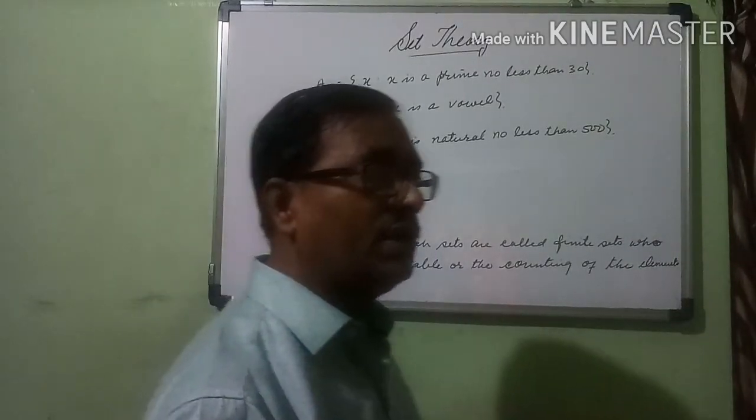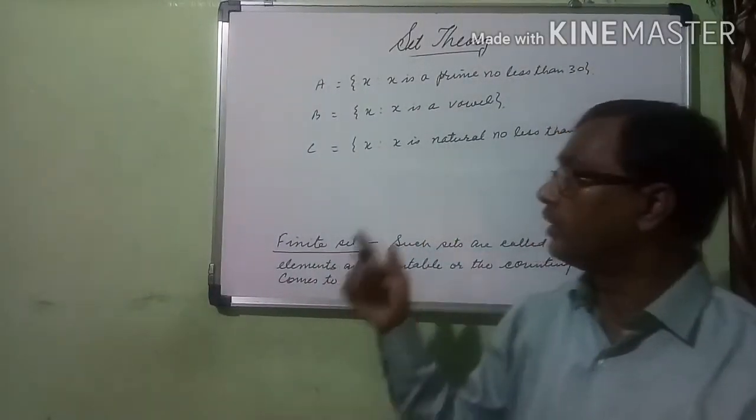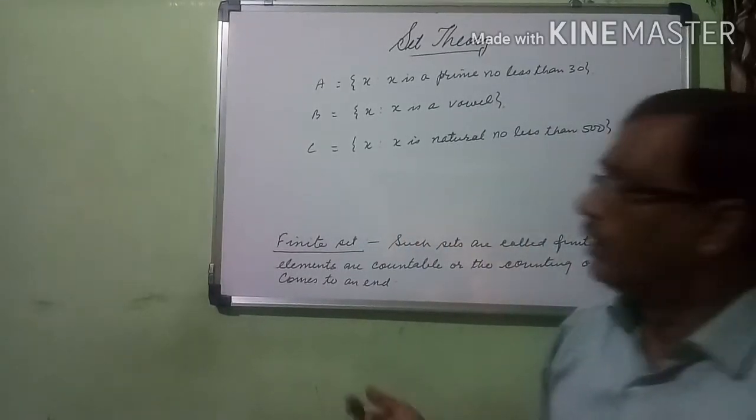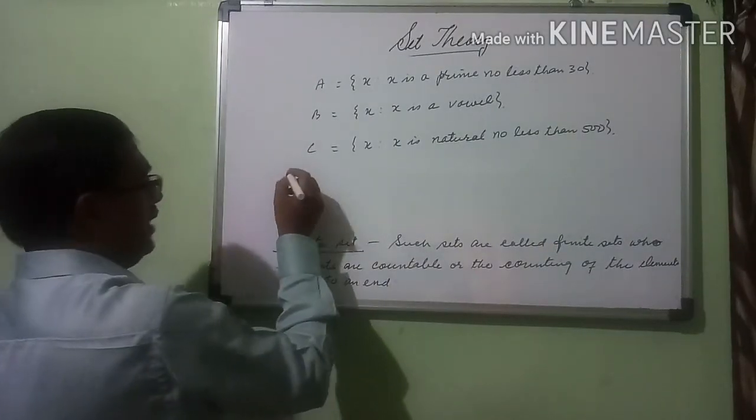So whenever the counting of the elements comes to an end, we call it a finite set. Otherwise, it is called an infinite set.